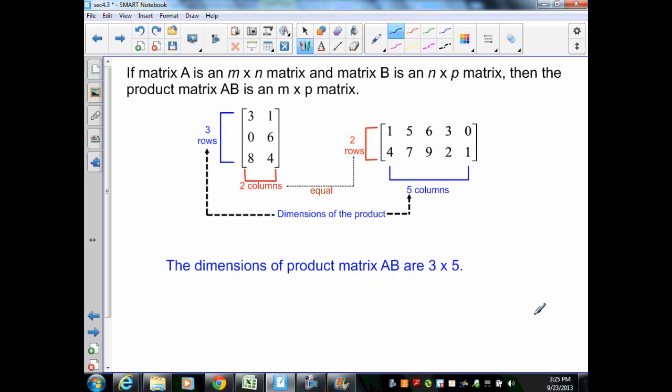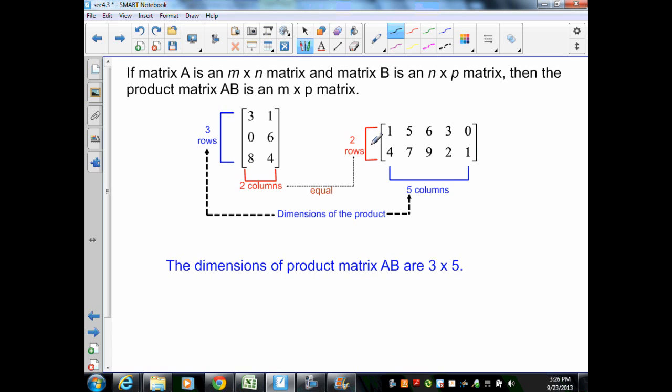As previously stated, when I multiply matrices, the number of columns in matrix A has to equal the number of rows in matrix B. But an outcome from that is the solution, or the product matrix, is going to equal the number of rows in matrix A, and that's going to be equal to the number of columns in matrix B. So here you can see I have these two equal, 2 columns, 2 rows. Therefore, I can find the product of these matrices.